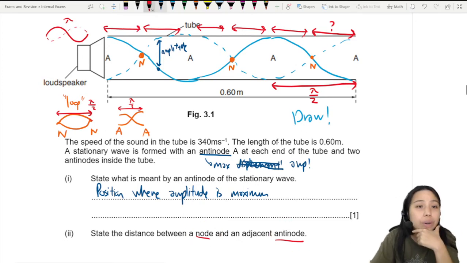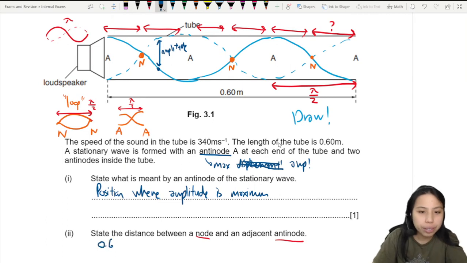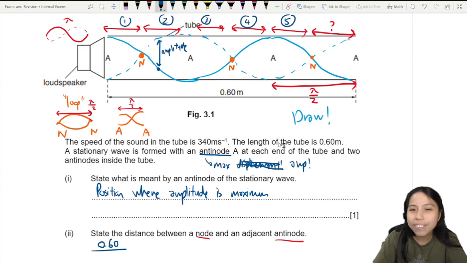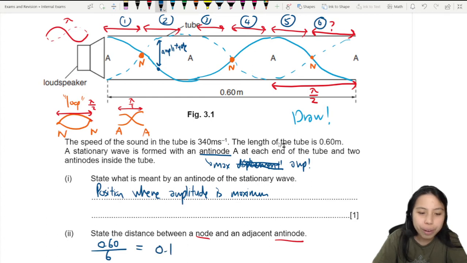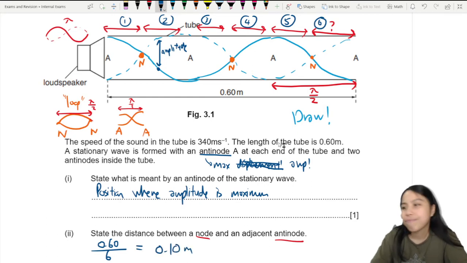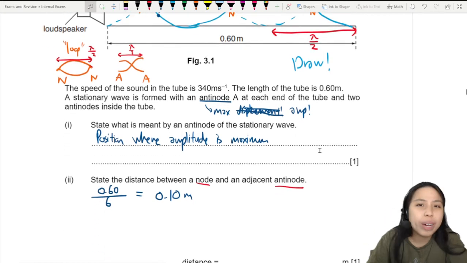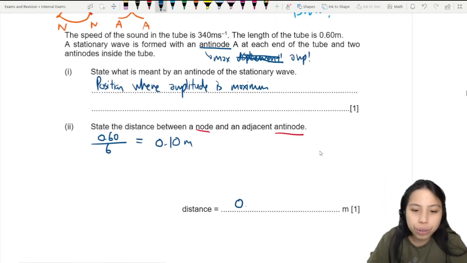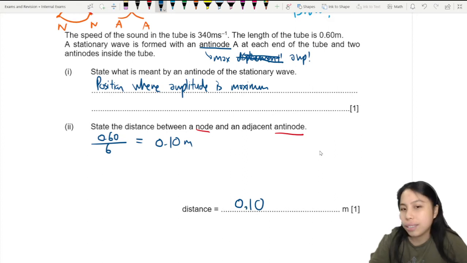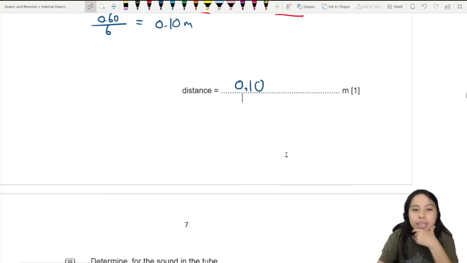So we just take the whole length of the tube, which is 0.6, divided by, what's the number again? 1, 2, 3, 4, 5, 6. Okay, 6 sections. So 0.1 meters. Good to keep at least 2 SF, so let's put 0.10. Put the 2 SF inside, just in case. Okay, next.